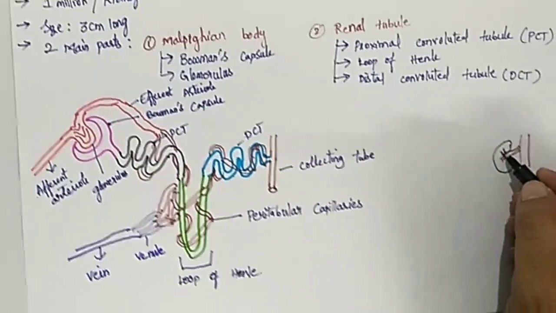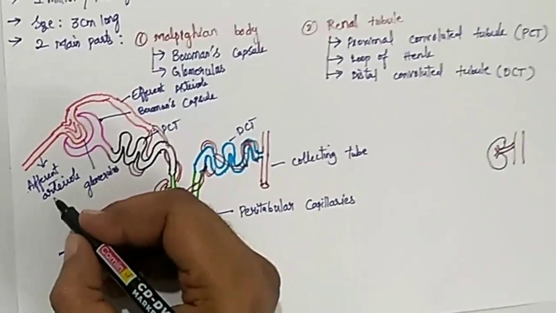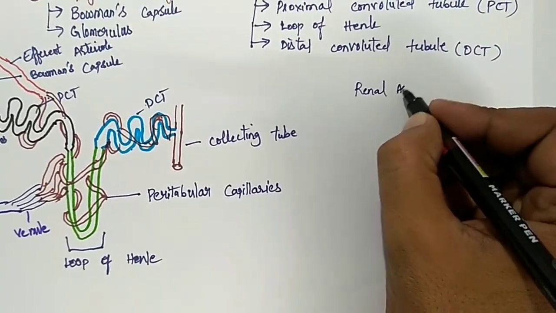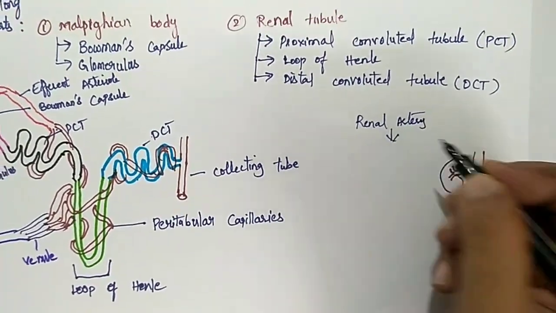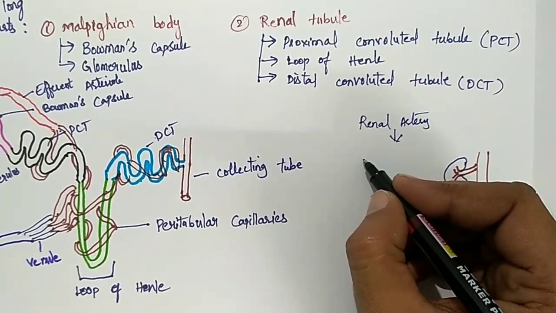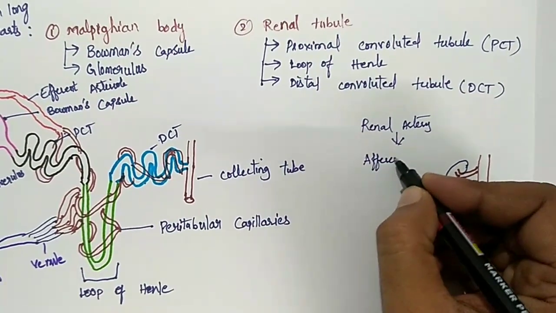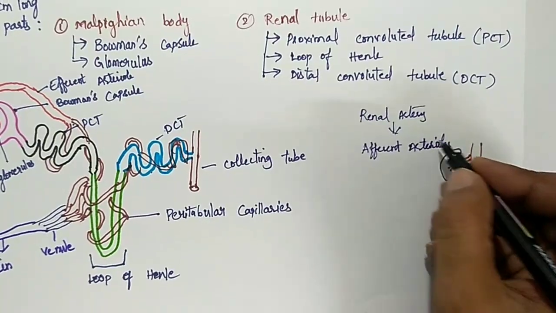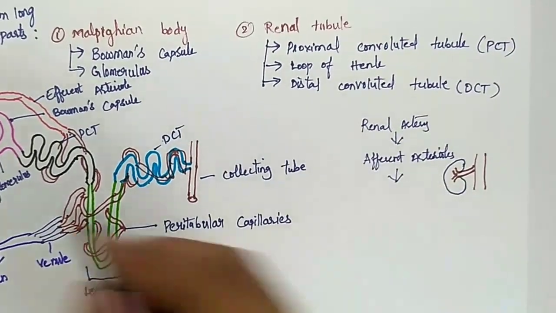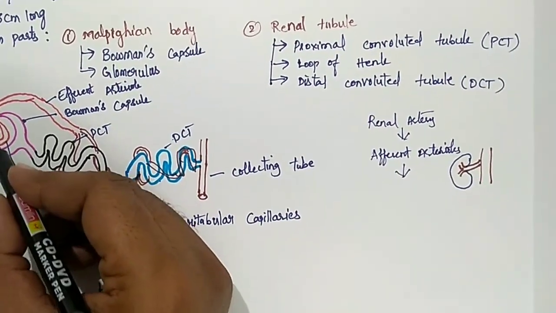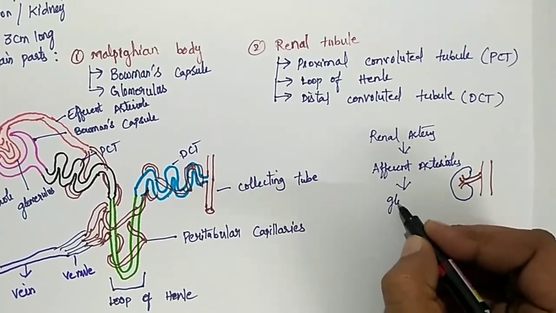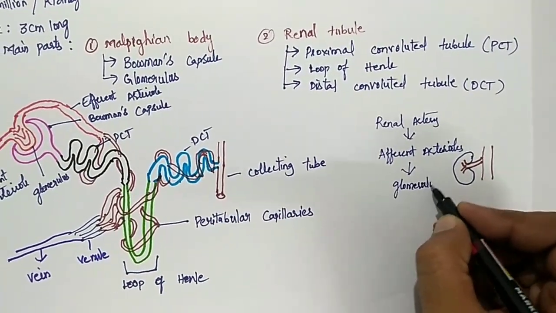After entering into the kidney, the renal artery divides into many branches. So let me make a flow chart here. The renal artery, after entering into the kidney, divides into many branches called afferent arterioles. These afferent arterioles, after entering into Bowman's capsule, divide into many capillaries, and this is called the glomerulus.